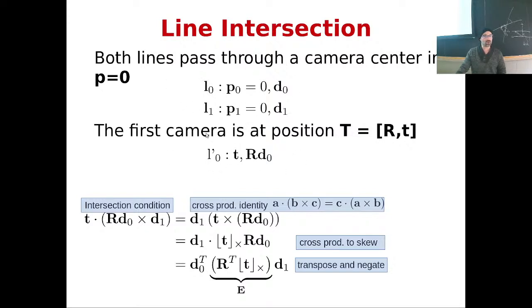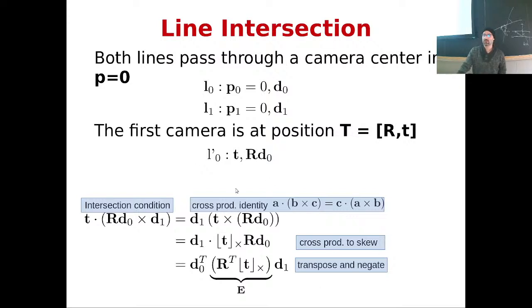L prime 0 is the transformation of L0 with respect to the second camera. So each of these two lines is in its own reference frame, of two different cameras. In order to do the intersection, I need to do it in this very same reference frame, and therefore I need to apply that transformation. They are expressed in their own frames. Yes, two different. Exactly. Okay?